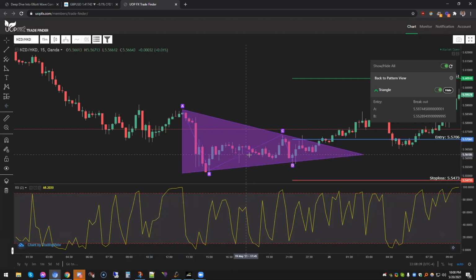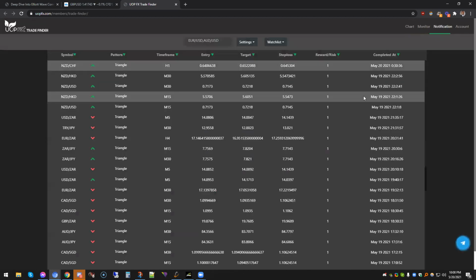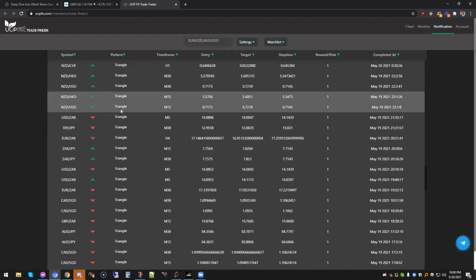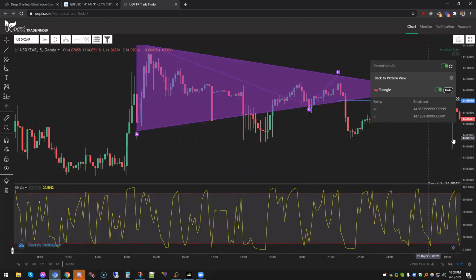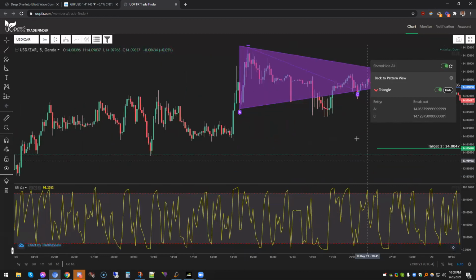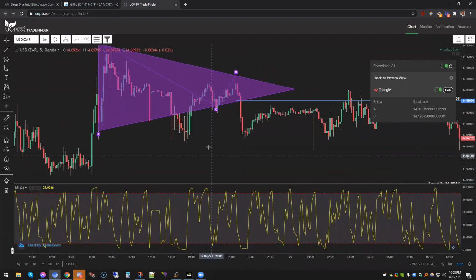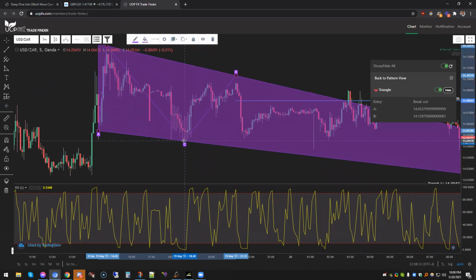Could also be considered a wedge formation. Okay, let's see. This one would not be a valid triangle. As you can see, it's not drawn properly. It's different. It's not correct.